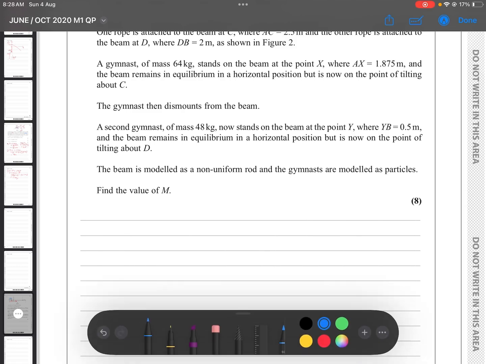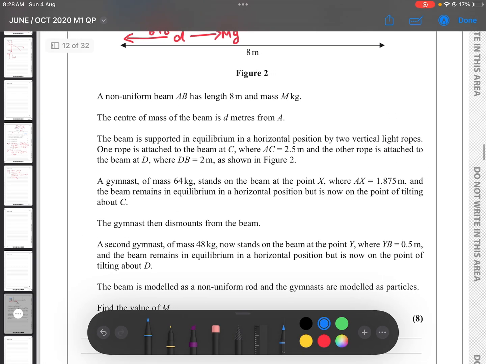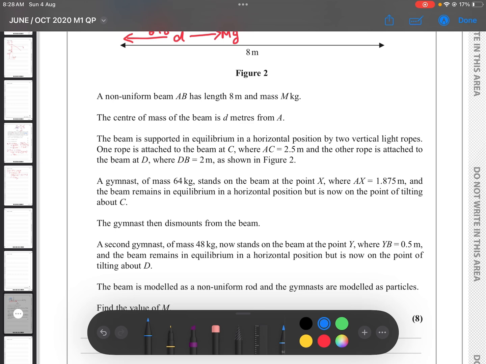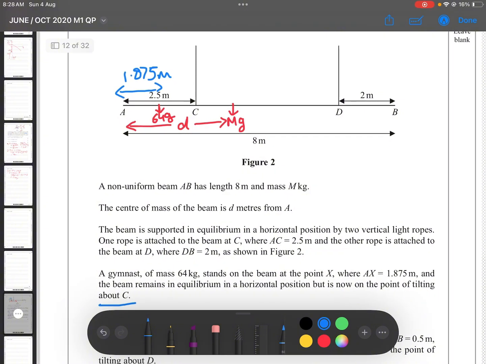If we take moments about C, they said it's tilting about C. For the 64 kg gymnast, the condition is it's tilting about C. There is a tension acting here and a tension acting here, but these are different tensions, T1 and T2.